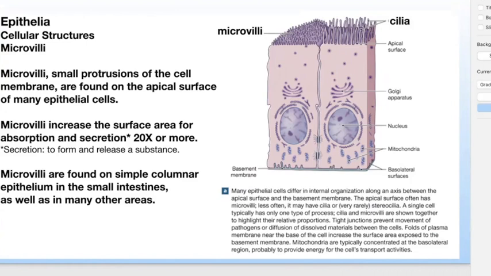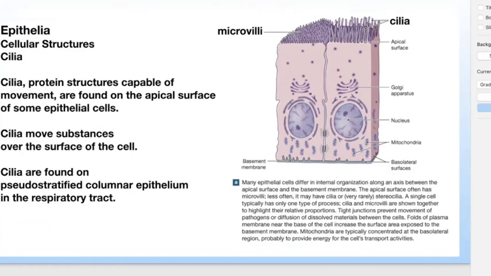Microvilli are small protrusions of the cell membrane. Microvilli increase the surface area for absorption and secretion 20 times or more. Now, secretion, in case you've forgotten, is the formation and release of a substance. Microvilli are found on simple columnar epithelia in the small intestines as well as in many other areas.